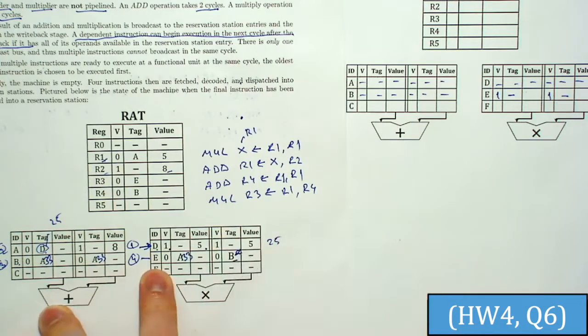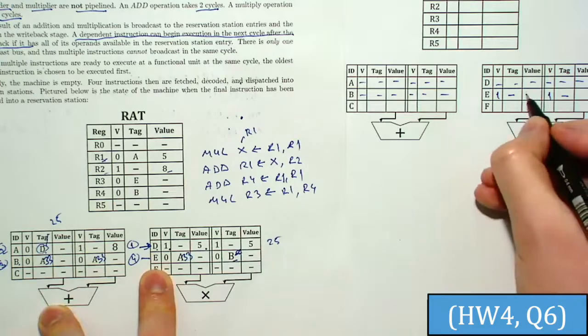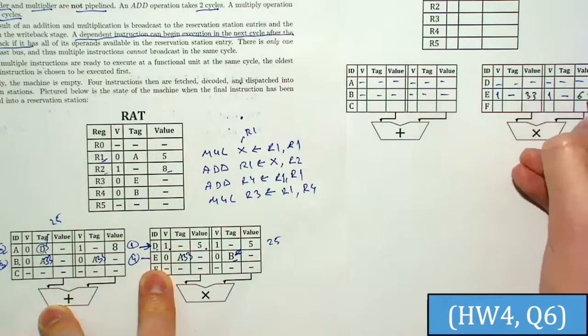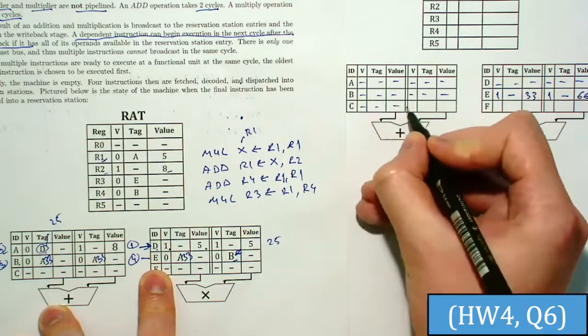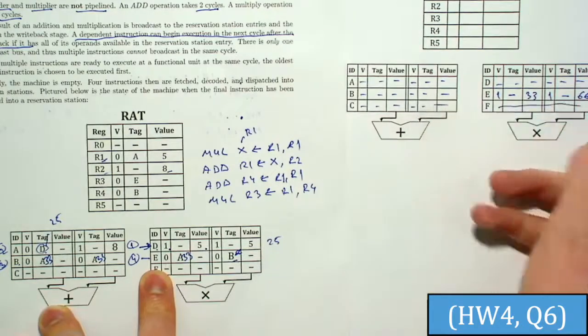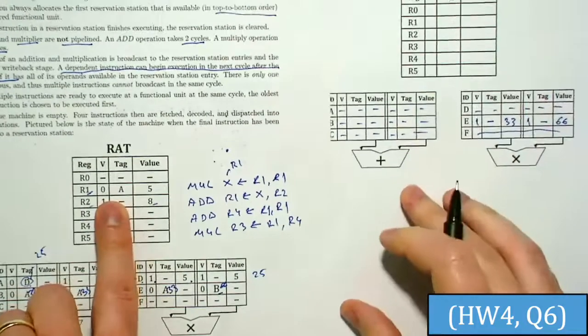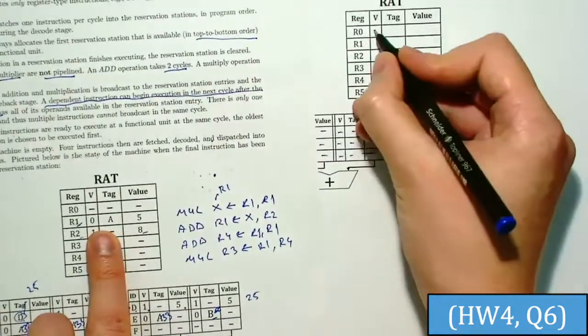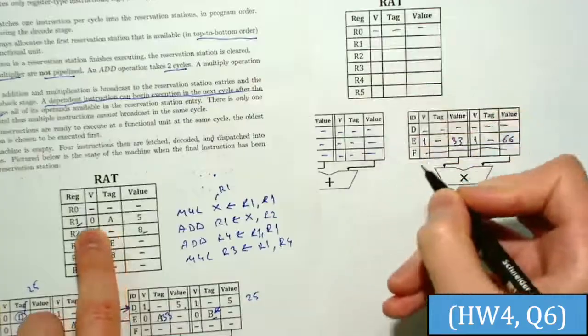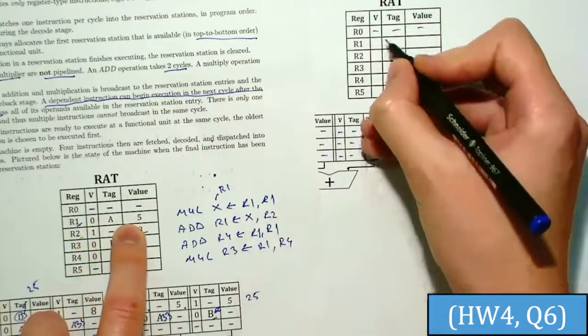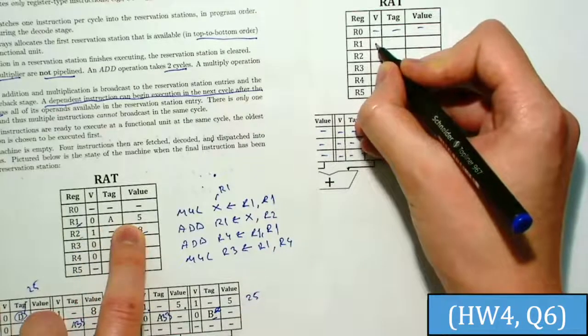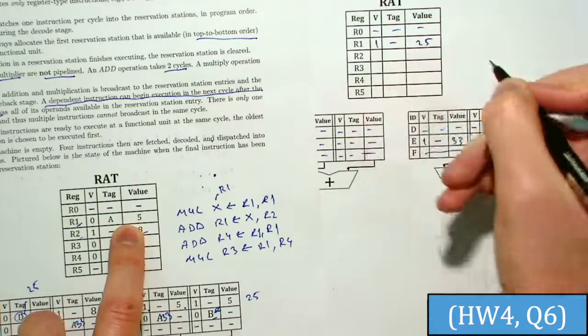Okay, so I just executed those instructions quickly. So this is 33, and this is 66. And the rest is also blank. Okay, and to fill the register alias table, it is again the same thing. We already calculated the values, so we know A was 25, so this will be updated to 25.